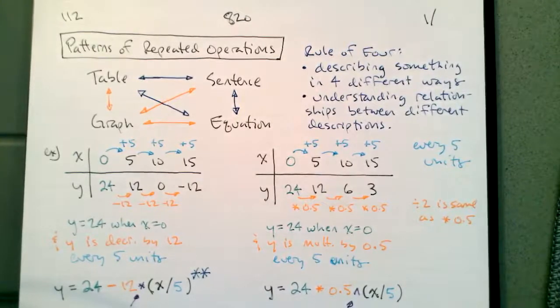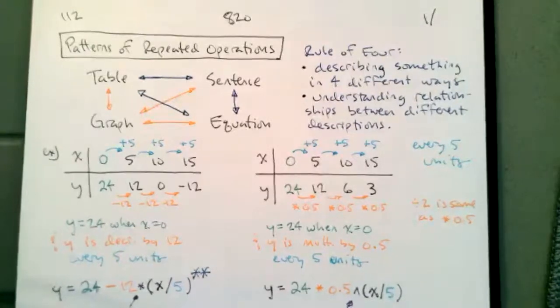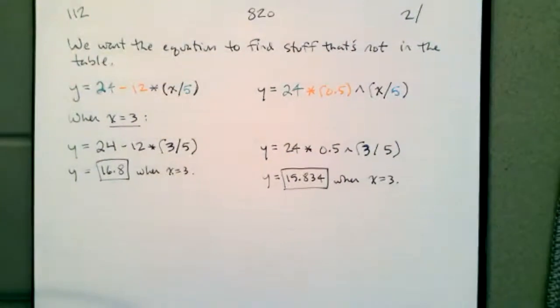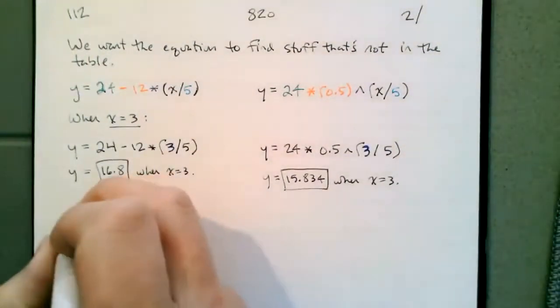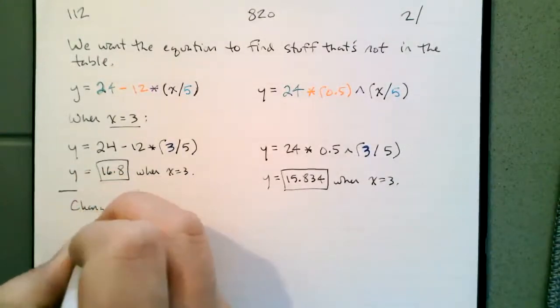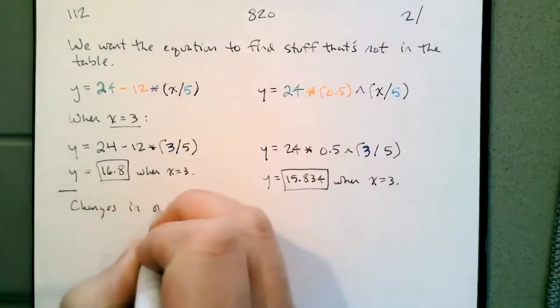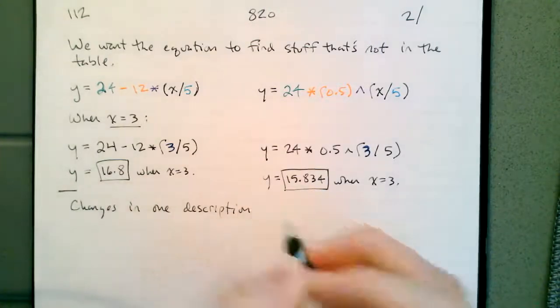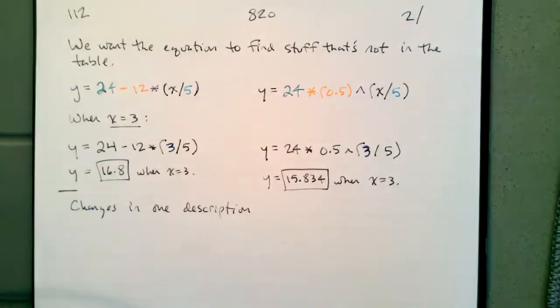If we make a change in one of them, how does that affect the other descriptions?